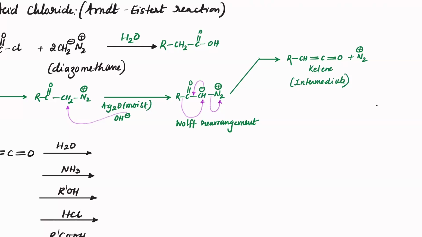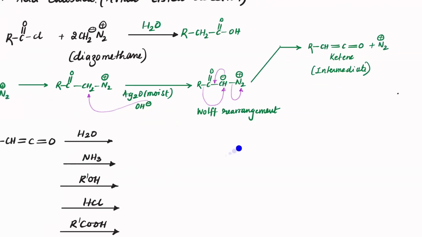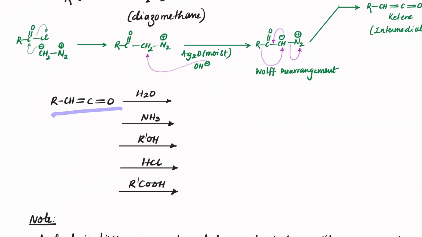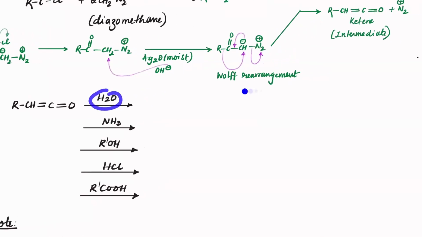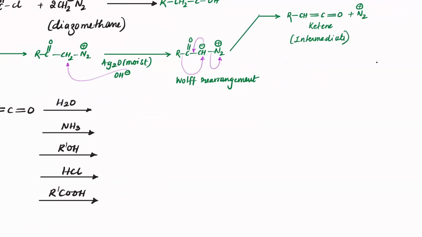Now, making a ketene gives us a leverage of getting a lot of products. For example, check here. If I take this ketene here and make a reaction with H2O, how does it proceed?